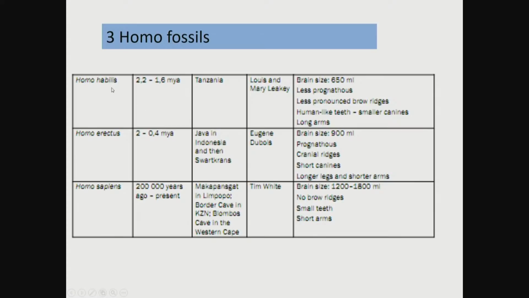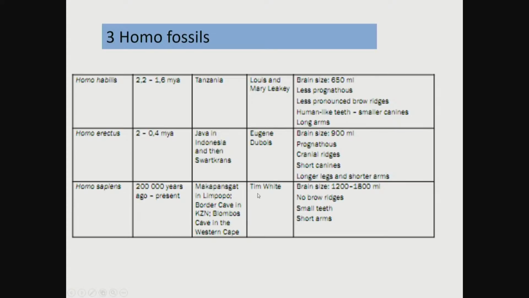Homo habilis: Louis and Mary Leakey discovered them, and Homo sapiens was discovered with Tim White. So it will be a short type of question: who discovered it? An ABC question. It cannot count many marks.